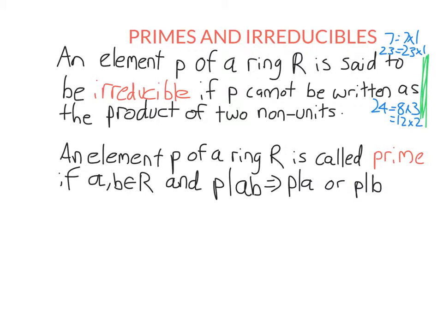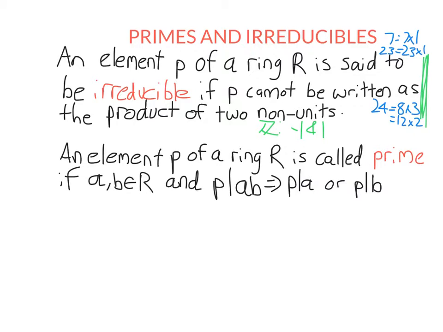It means that it's not irreducible, because the definition of an irreducible element is one that cannot be written as the product of two non-units. So in the ring of integers, if we're talking about Z, the two units are -1 and +1.